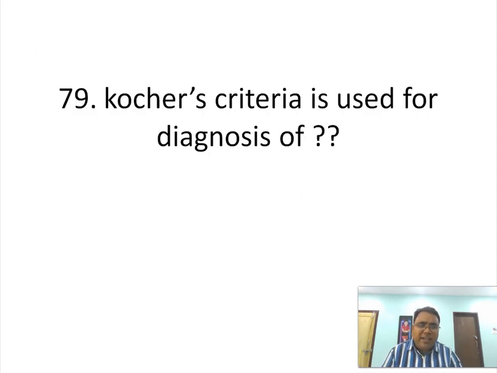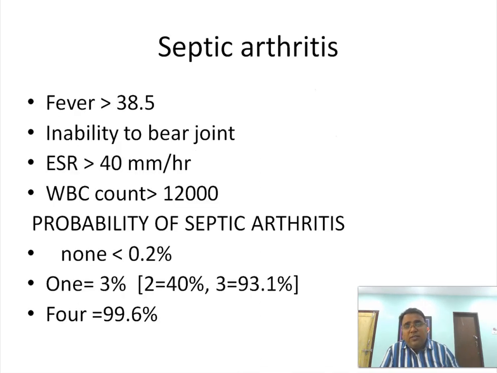Next, Koch's criteria is used for diagnosis of what? This is a bit difficult, but we have to remember, we may get one MCQ in the exam. Koch's criteria is used for septic arthritis. What are the four criteria? Fever more than 38.5 degrees Celsius, inability to bear weight on the joint, then ESR more than 40 and WBC count more than 12,000.